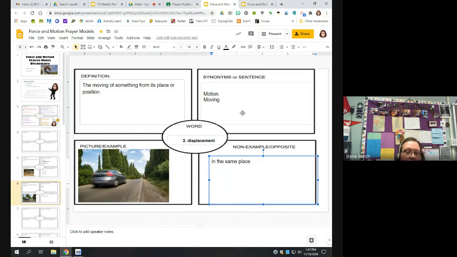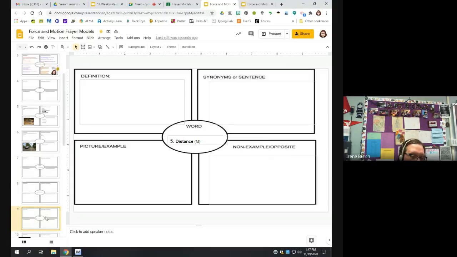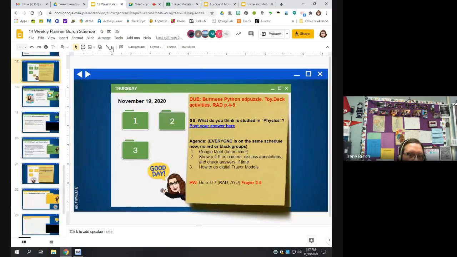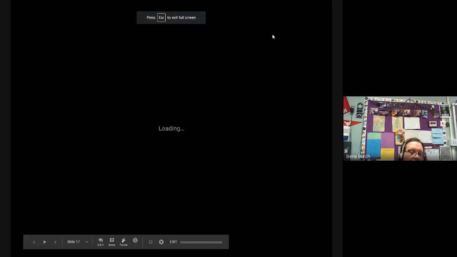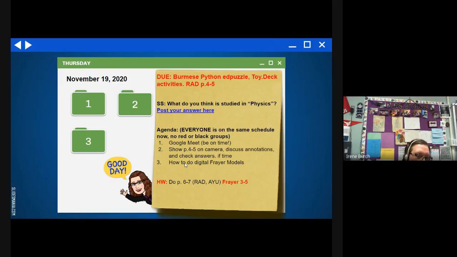All right. So you guys are going to, I put the words in the ovals for you for these first few to get you started. You're going to do reference point, international system of units, and distance. So if you forget what to do, remember, go back to your weekly planner and look at today's page. So we did 1, 2, and 3 already.